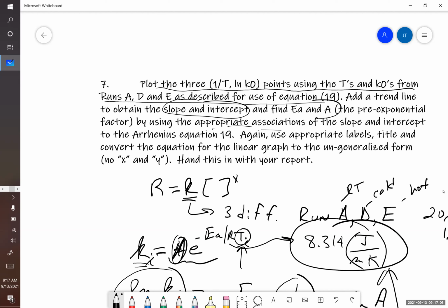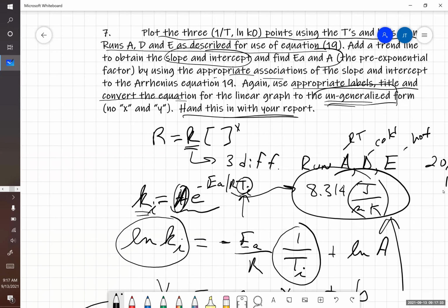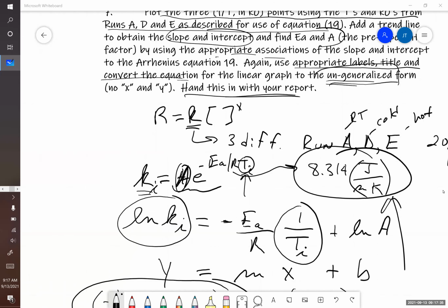Make sure that you have all the labels and the titles in your plots correct. And you take out the X and the Y and ungenericize that formula, and you put in what you're plotting, which is the log of the K versus 1 over temperature in units of Kelvin, and then hand that in with your report. So I think that should get you guys going.